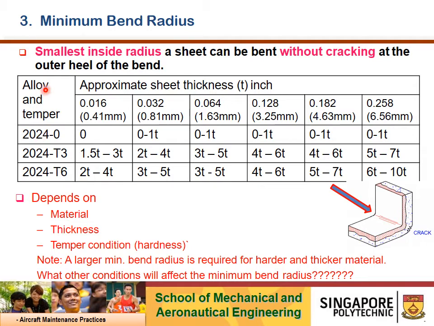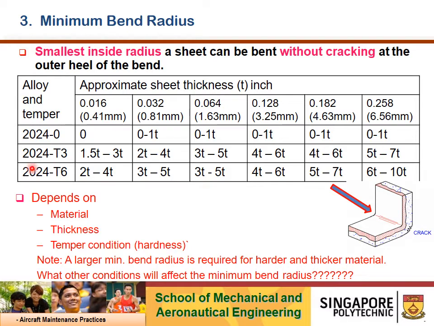Using the table provided, let's say the alloy and its temper condition is 2024-T6. Now, what does the 2024, the first digit 2, tell us? If you recap back earlier, in the 4-digit system, the first digit 2 represents the 2000 series. The main alloy in this case is copper, right?